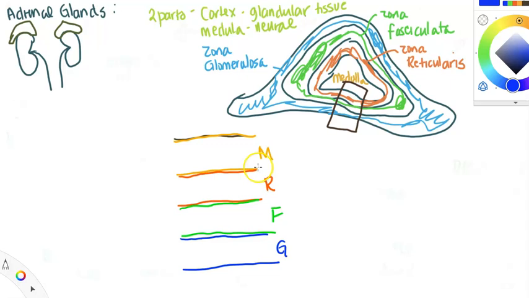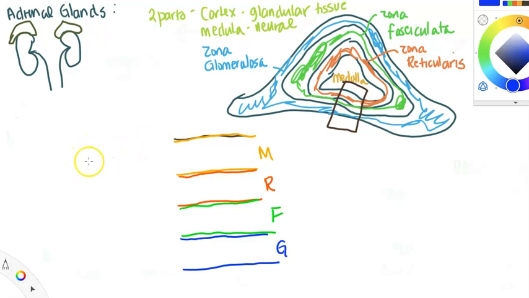Okay, so the medulla is the part that is associated with the autonomic nervous system, or the sympathetic part of the nervous system. So the sympathetic activation comes from basically a neuron.